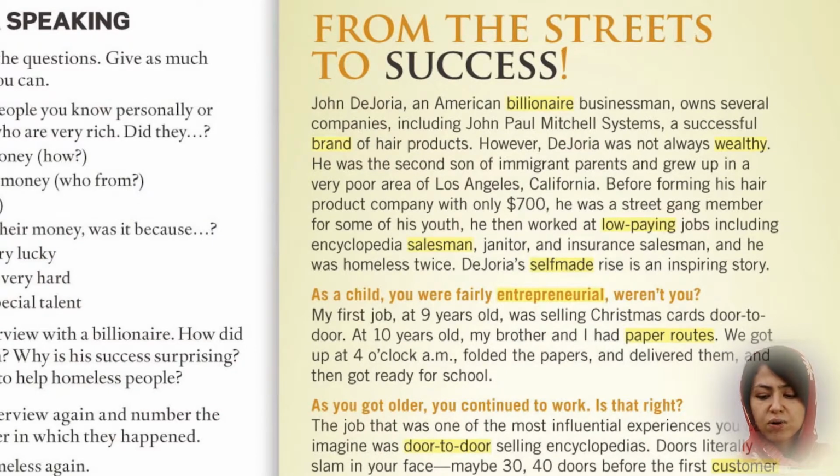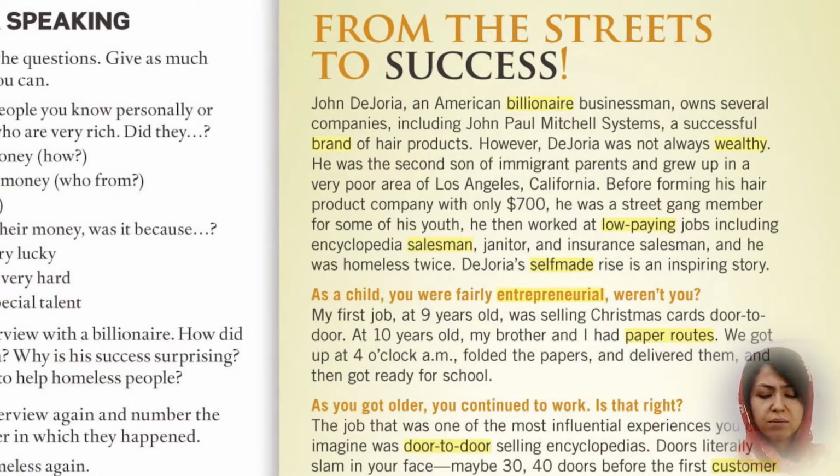Before forming his hair product company with only $700, he was a street gang member for some of his youth. He then worked at low-paying jobs, the jobs that give you peanuts, okay? Not a lot of money. Peanuts means a small amount of money, including encyclopedia salesman.